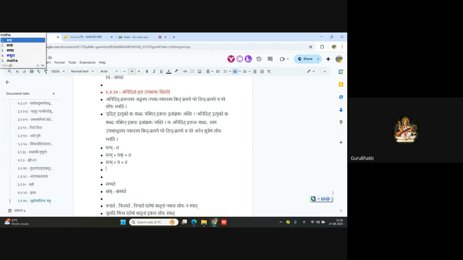Mat. Mathyate. This takara will become ekara by some other sutra. I just mentioned, we have not seen that so far. It becomes mathyate.